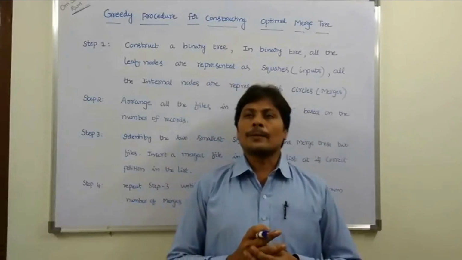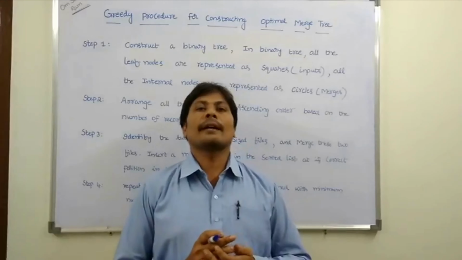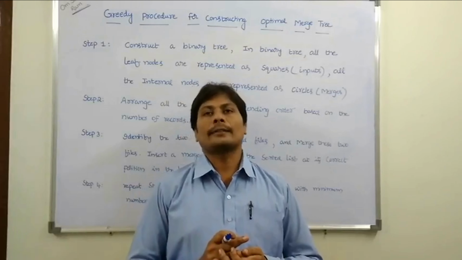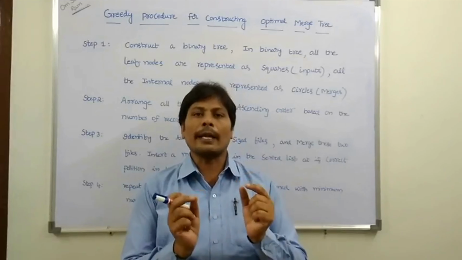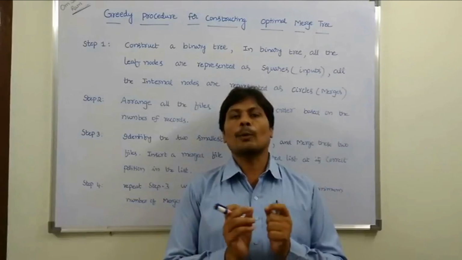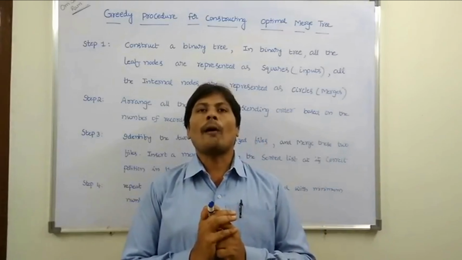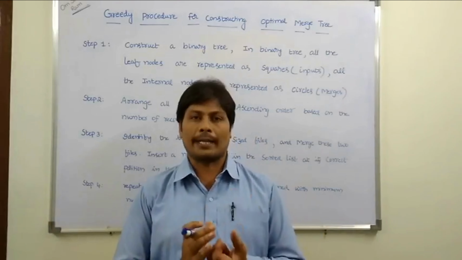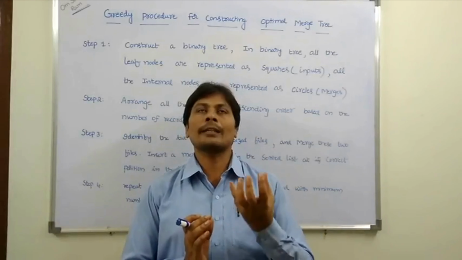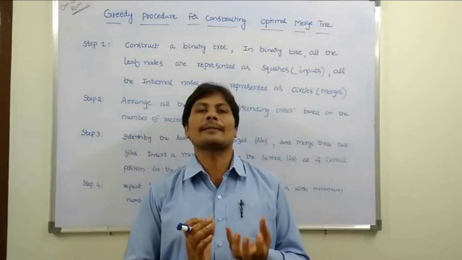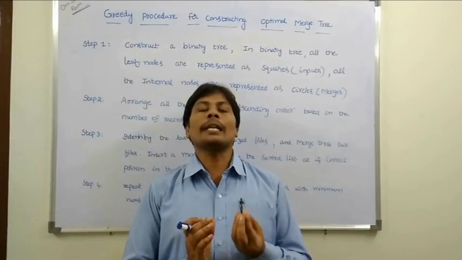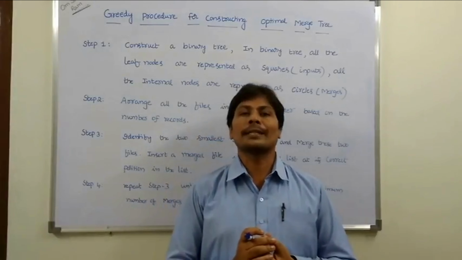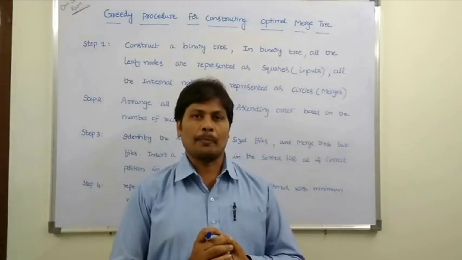The main steps in the greedy method are: first, construct a binary tree. In that binary tree, all the leaf nodes are represented as squares, that is, the input files we are given are represented as squares.